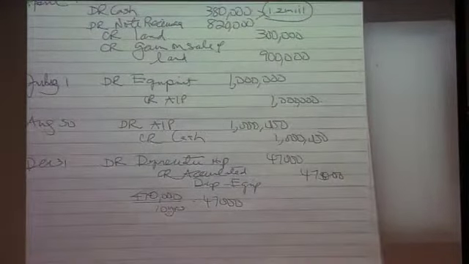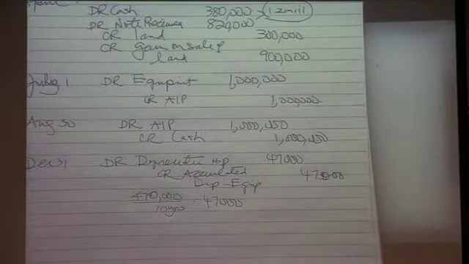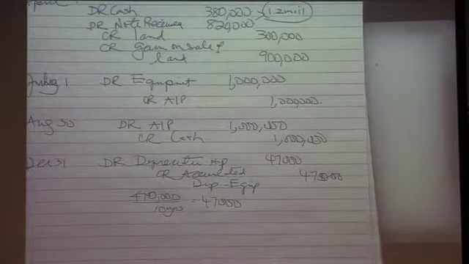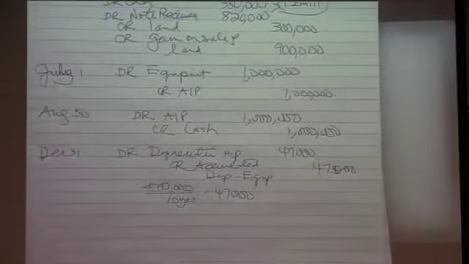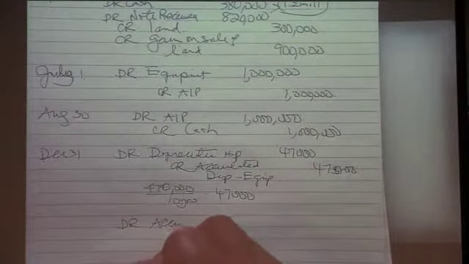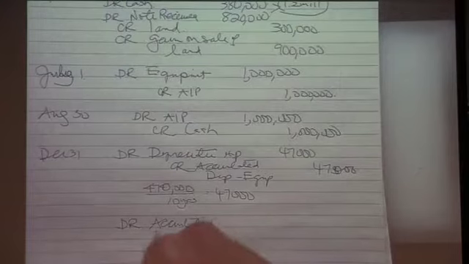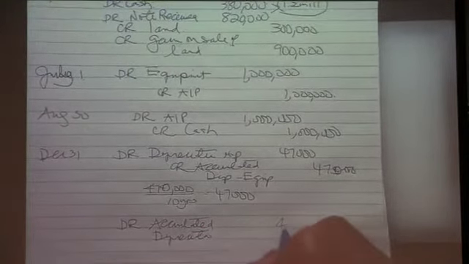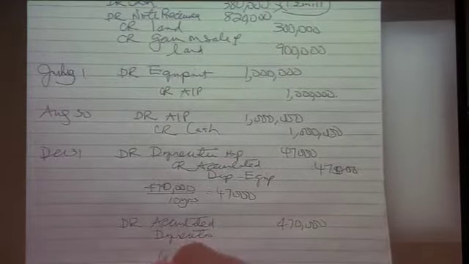Now, we also know that this equipment, when we bought it in 1999, 10 years later would have been December 31st, 2009. So this equipment would have been fully depreciated. So the second entry is we're going to debit accumulated depreciation for 10 years, which is $470, which is really the cost, isn't it?